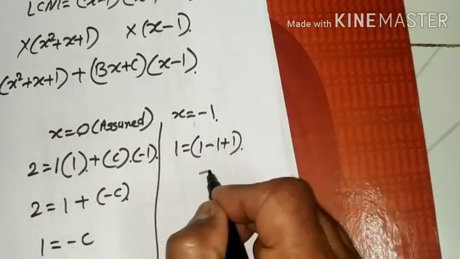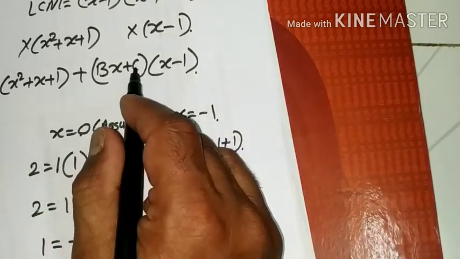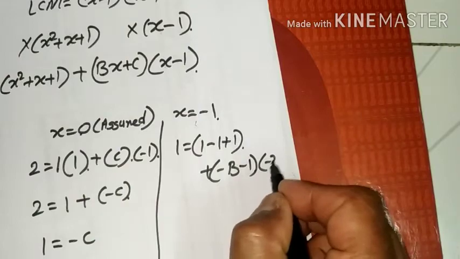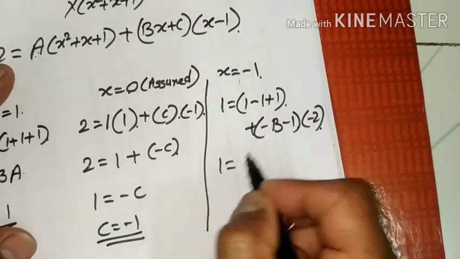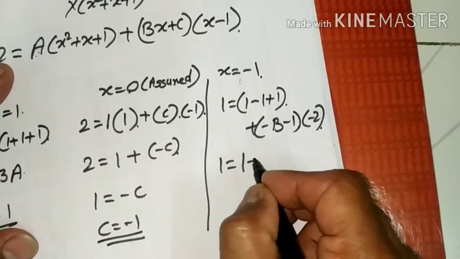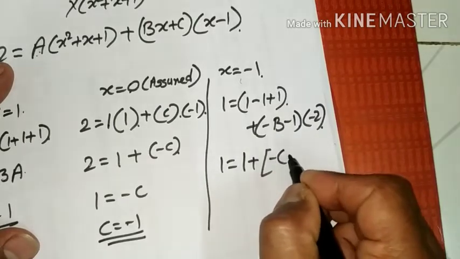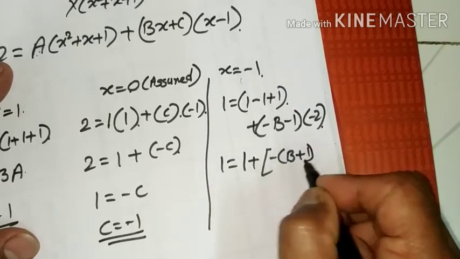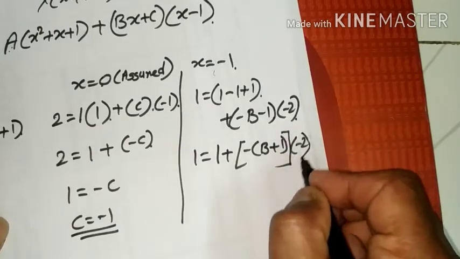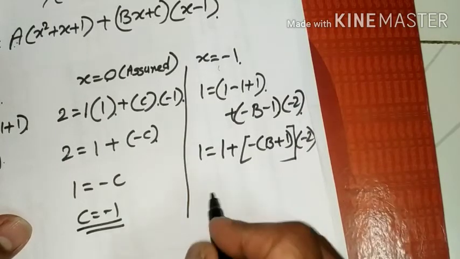Then plus (minus B plus C), where the value of C is minus 1, into (x minus 1), which is minus 2. Then 1 equals 1 plus 1 minus 1 get cancelled. The remaining term is 1 plus minus 2 into (minus B minus 1), taking the minus sign common outside, so minus minus becomes plus. Transfer this 1 to the left side: 1 minus 1 becomes 0.